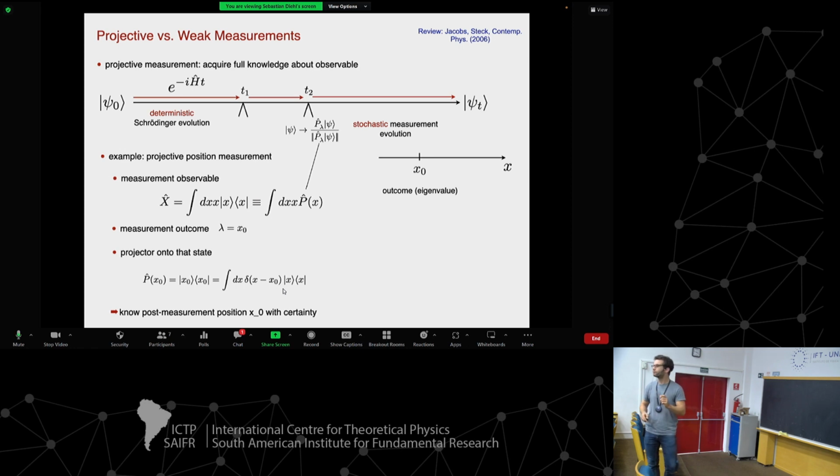Let me now, for the fun of it and for the next slide, rewrite this as an integral over the whole set of eigenvalues with a delta constraint. That's a trivial way of rewriting this. And the important feature is that after such a measurement process, we really know x naught precisely. So it's totally known where the particle is after this state update.